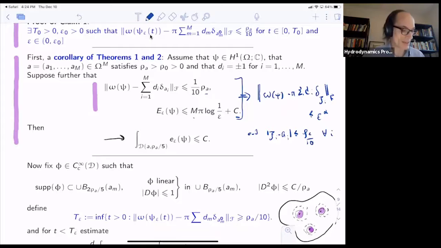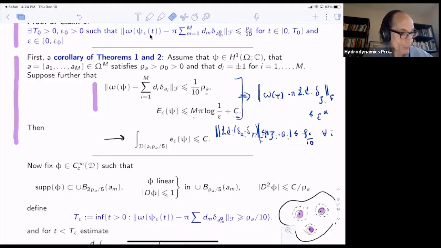I believe this is true because you see by comparing, well, okay, let's write this. It's less than. Sorry, I'm doing this backwards.